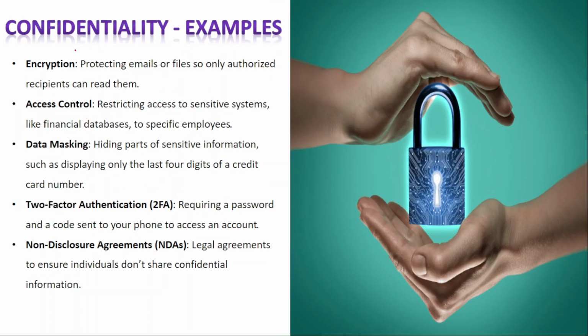Let's explore a few examples of confidentiality, or you can also say the methods through which confidentiality is ensured. The first one is encryption: protecting emails or files so only authorized recipients can read them. Encryption can be used for data at rest.